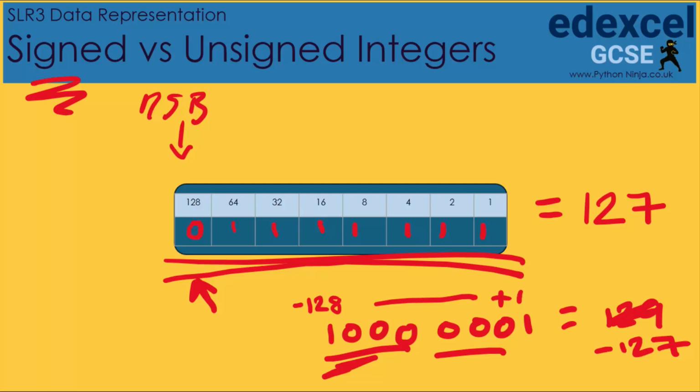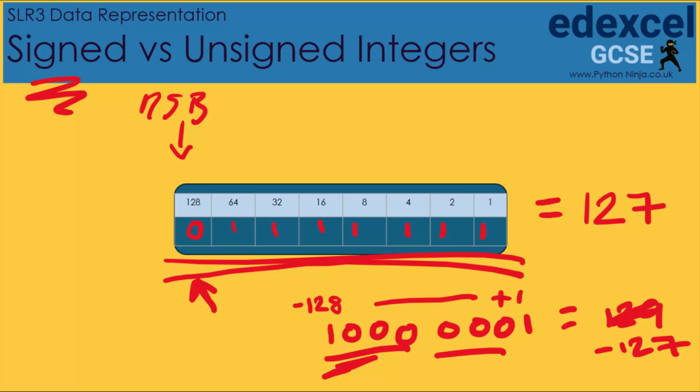So this value hasn't changed that I've written down, but I just changed it from an unsigned integer to a signed integer, which means that the outcome we get is different. And you won't ever be asked to guess that. You'll be told in the question whether we're dealing with an unsigned or a signed integer.